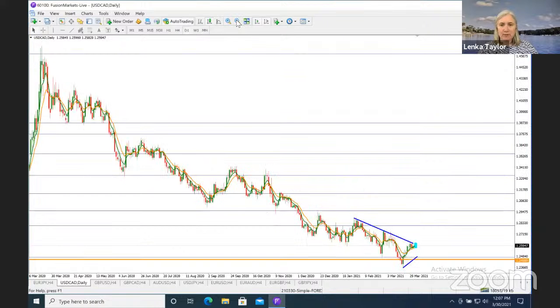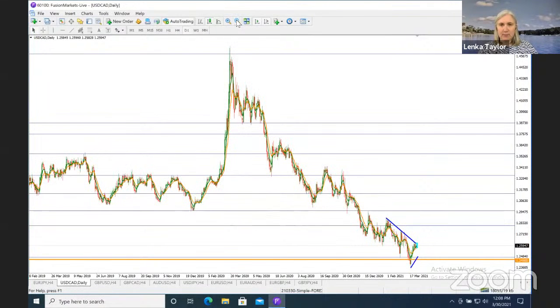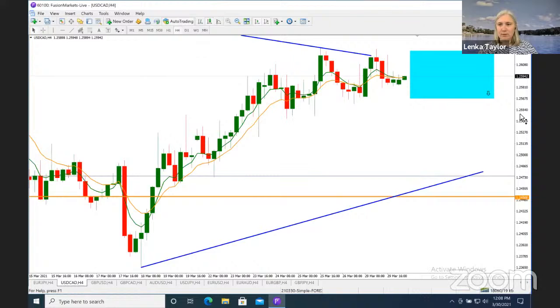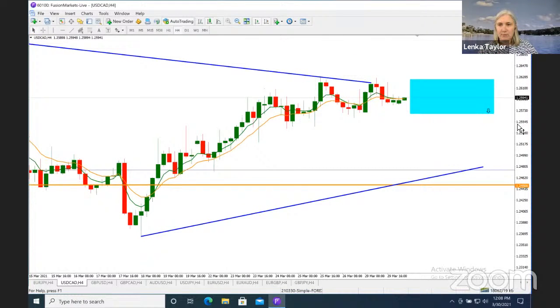There is that resistance level, so be careful depending on how much space is available, but at the moment there is still space, so still looking for a short at this point, but it might only be to this area if it's a good setup. So let's keep an eye on that.